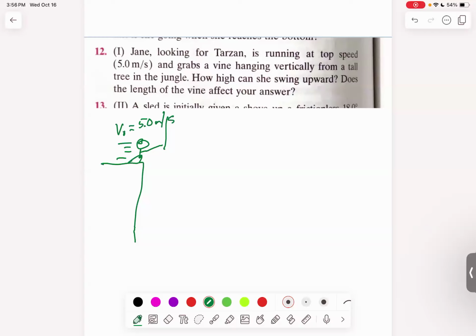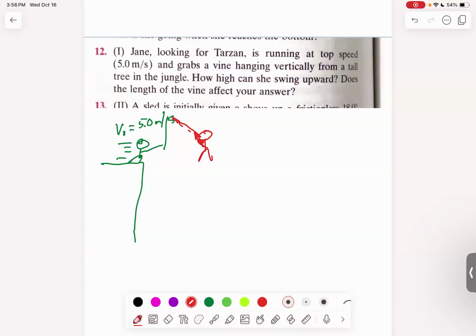And then she's going to swing up to here, say, holding on to the vine. And she's going to swing up a certain height.